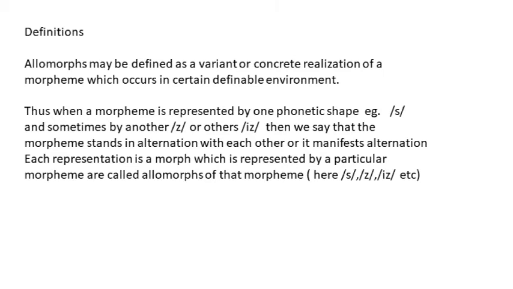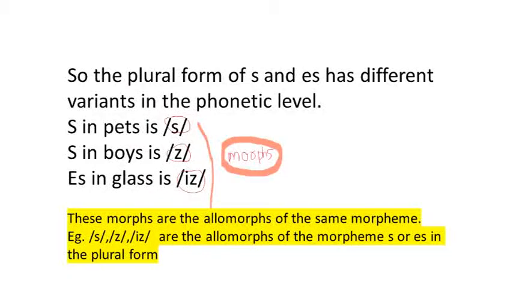And all morphs that represent a particular morpheme, here the plural form S and ES, the S, Z and Iz sounds representing different variants of this morpheme, are called the allomorphs of that morpheme.